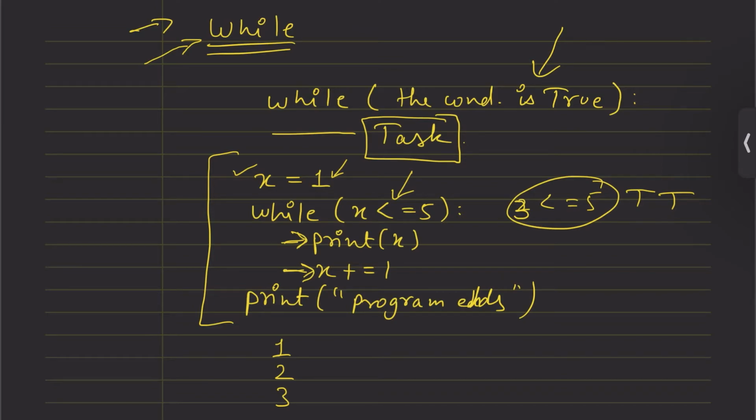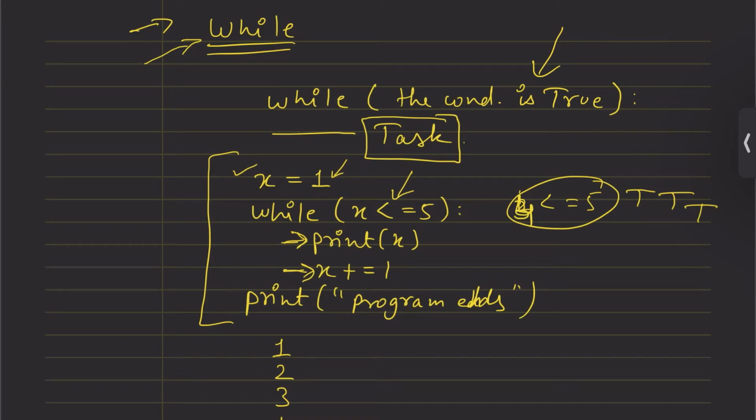Then the value of x will be incremented. Now the value becomes 4. Still the value is less than or equal to 5. The condition is true, so the value will be printed. So 4 will be printed. The value will be incremented again, the value will become 5.